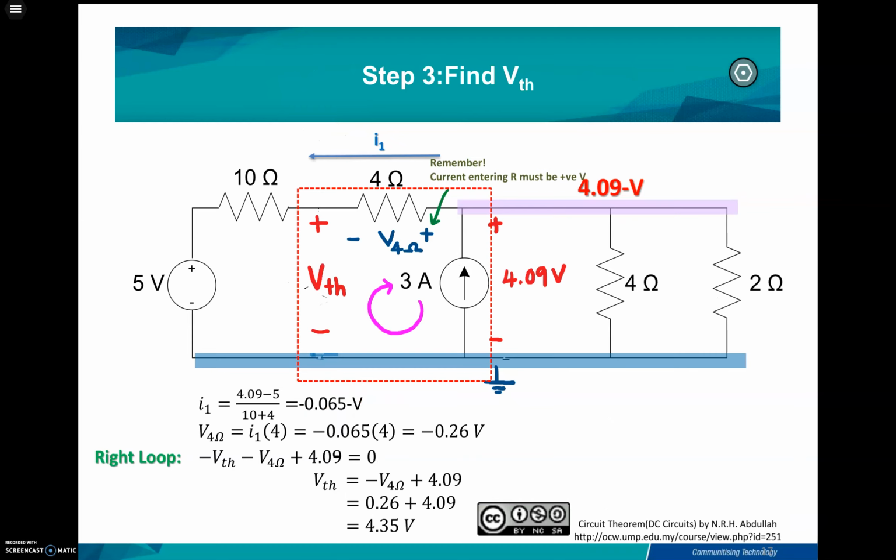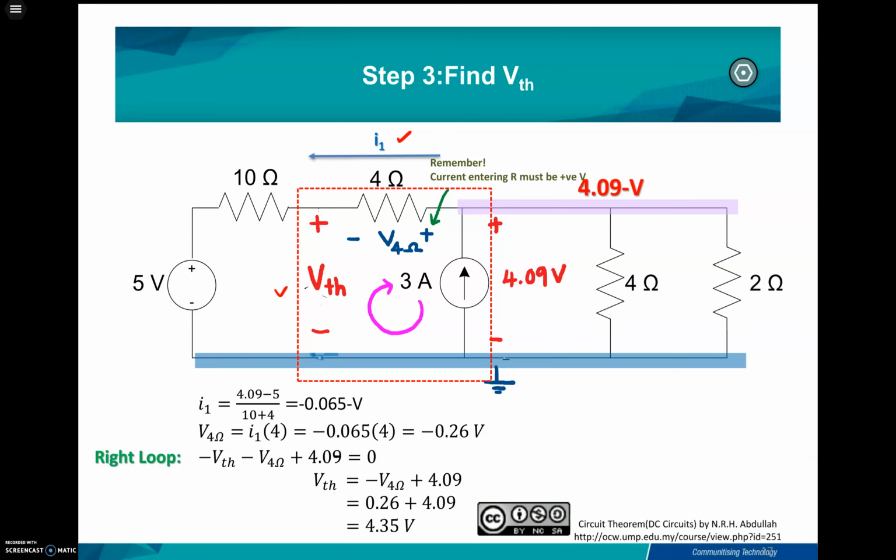Now you need to find the current I1, because it will affect the value of V Thevenin. Please remember that you have to find the V Thevenin across the terminals in the circuit.